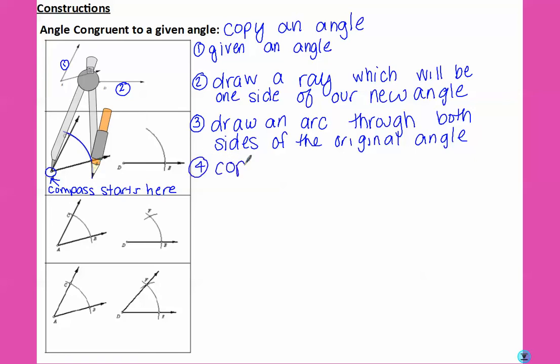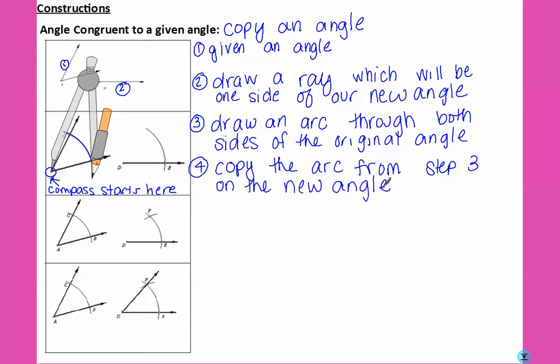Then I'm going to copy the arc from step 3 on the new angle. So I'm just going to move this over here and then draw that arc again. The compass will stay the same size it was. This is step 3. This is a picture of step 4.